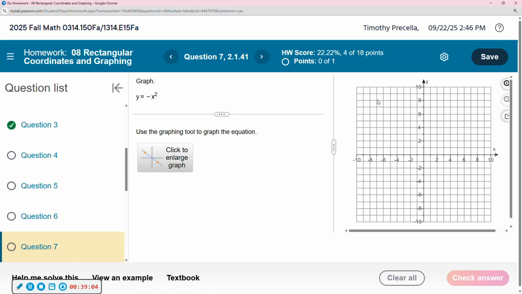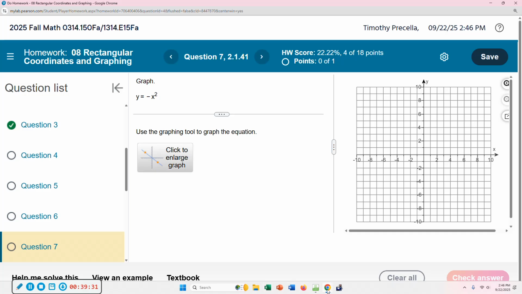It'll be up to you. Let me write it down. And then you choose the points. Let me see. So this is number 7. Y equals, they really made this one tricky. This negative x squared. Y equals negative x squared.